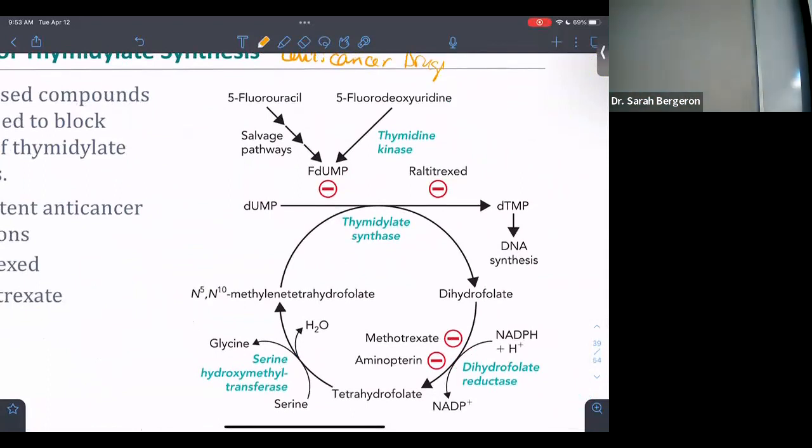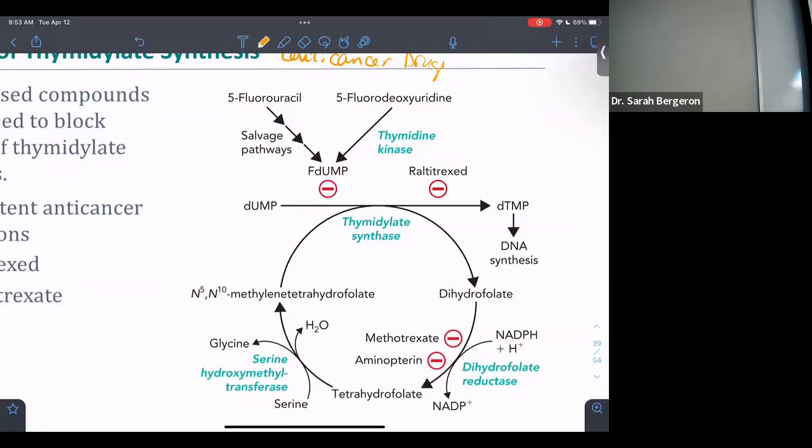So don't look at the minuses. Normally we have dUMP that's converted to dTMP via thymidylate synthase. Which means there's no ATP. Because it's a synthase, not a synthetase. Yes, in this case, yes. Not always. Exceptions.